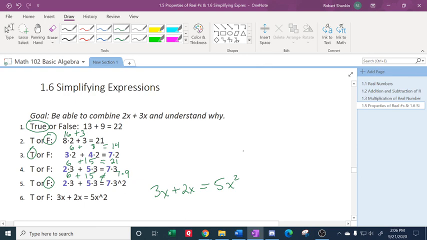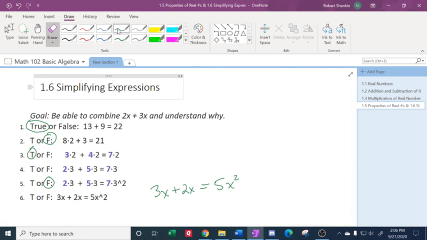Now, if it seems false, let me erase some of this extra stuff so we can see this clearly. And this was true over here. What I want you to notice is the stuff in blue now.